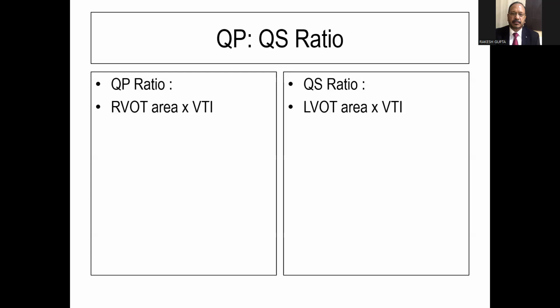And you must have read during your training period, during MBBS and MD, whenever the QP:QS ratio is more than 2:1, it means 2 times the blood is flowing, or 2 times the stroke volume at pulmonic level to 1 time of the stroke volume at systemic level, means the shunt is significant. But how do we calculate? Similarly, like we calculate a stroke volume at LVOT, stroke volume at RVOT, that gives us a quantification of QP:QS ratio.